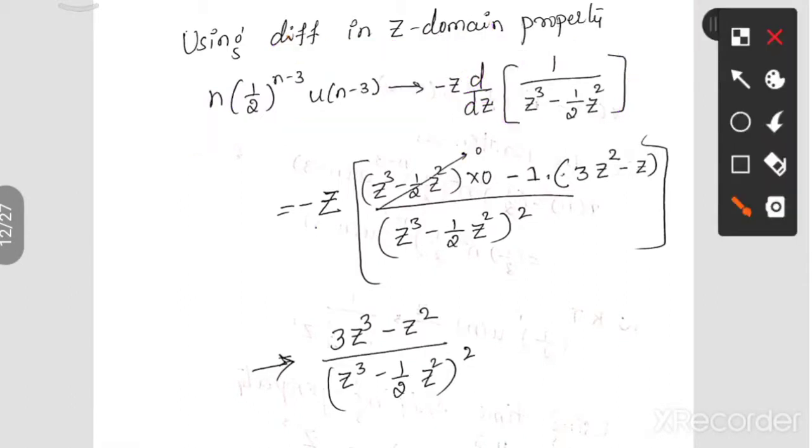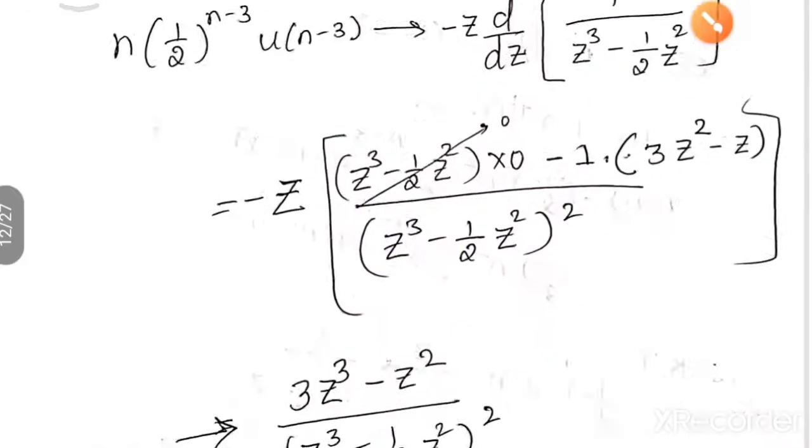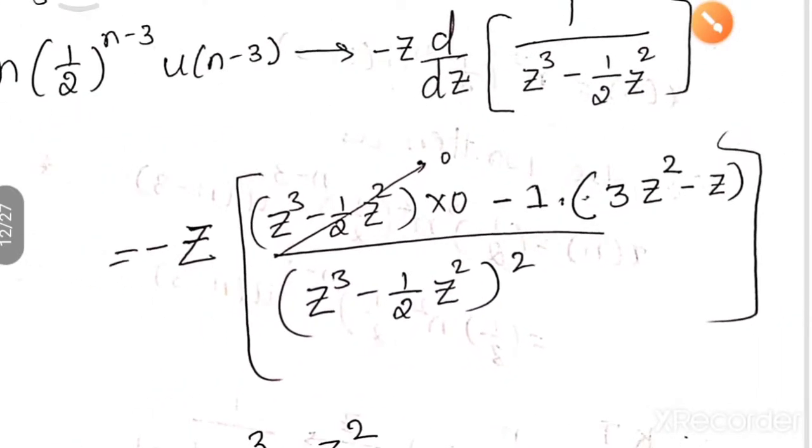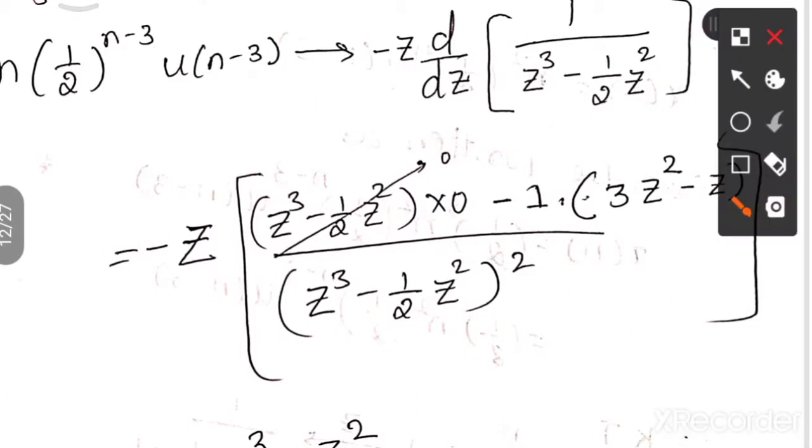Here minus z as it is, and 1 divided by z cube minus 1 by 2 z square. Differentiate it in the u by v form, or you can say numerator by denominator. So the denominator square, then denominator as it is into the differentiation of the numerator. Here 1 is there, and the differentiation of a constant is 0.